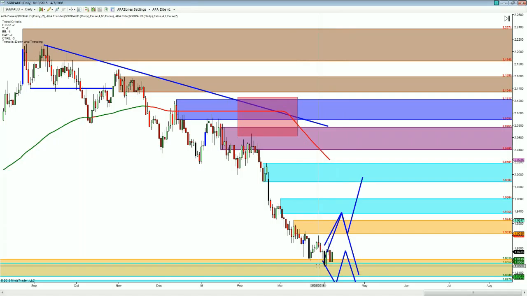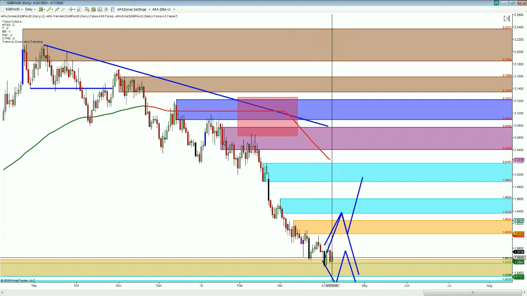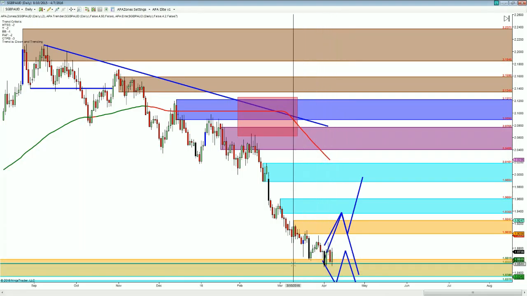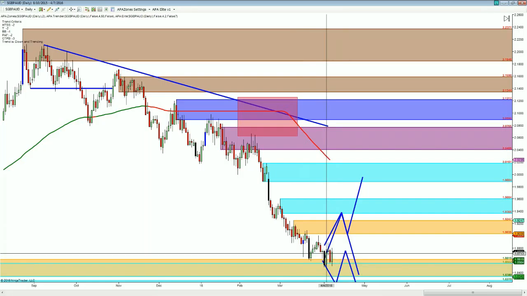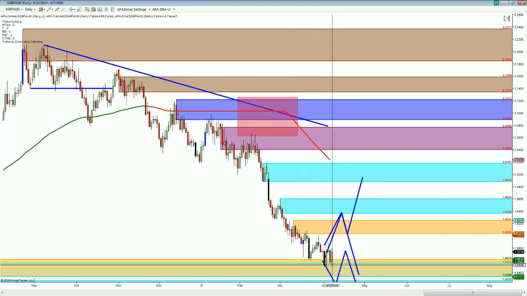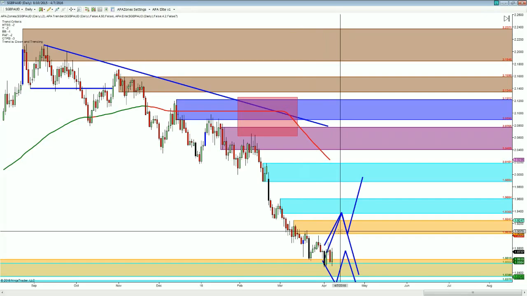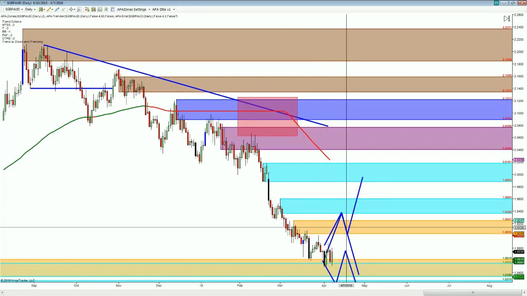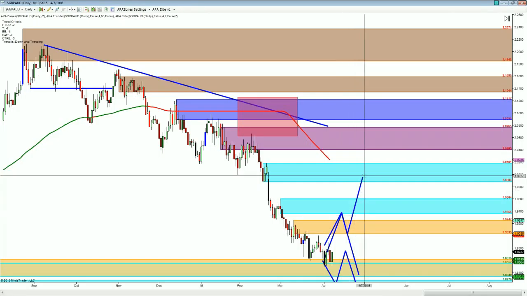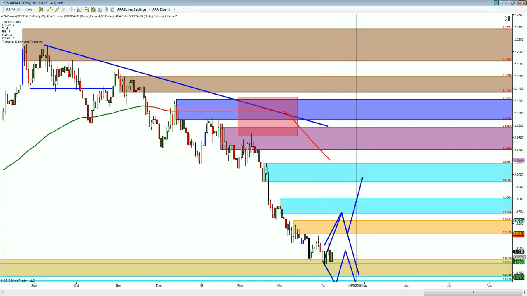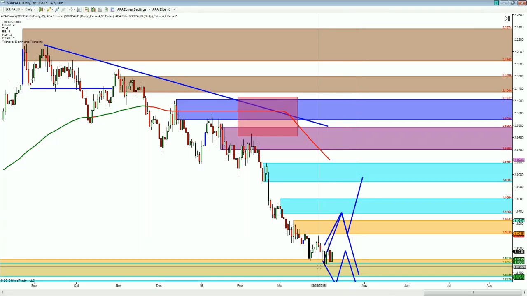Right now we're at daily demand, and it seems we came down and popped out, and then now we're retesting it. So it looks like we might be coming back up to this zone, as he has illustrated, either this zone or that zone. And if we continue up, you can see he has that perspective drawn out. And if we can come back down, that is drawn out as well.